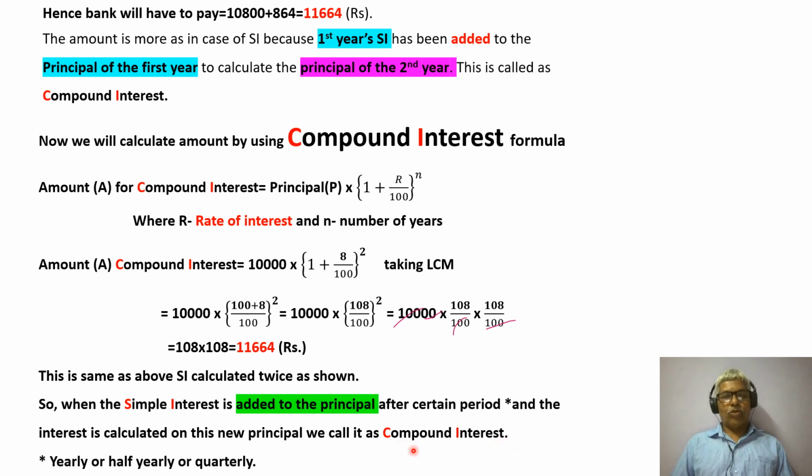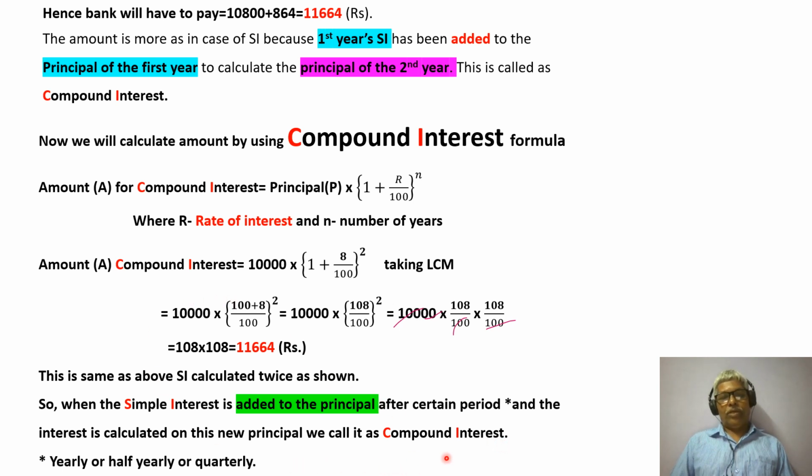Though actually there is not much difference, only interest of the previous years is added for the second year, that is the difference, but that small difference literally makes a very large difference after a few years. So this is very important.